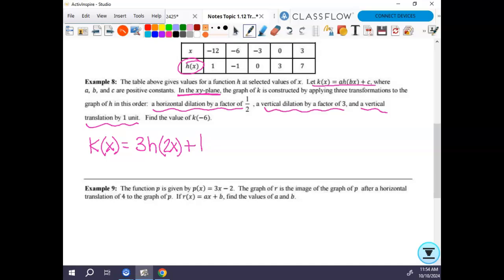So double check yourself with me, see if we agree. I got 3 times h of 2x plus 1. Are we all good on that?